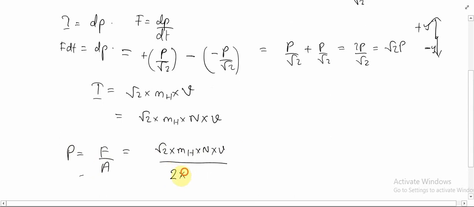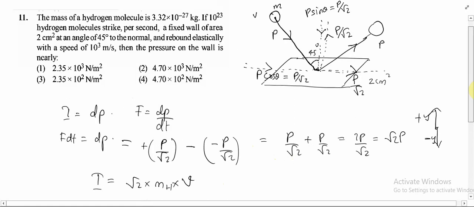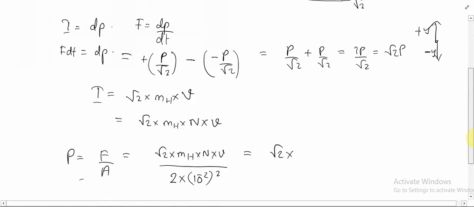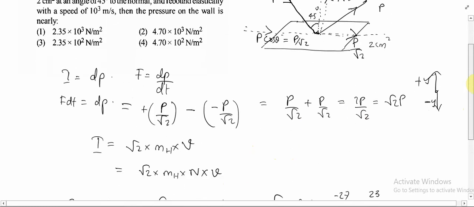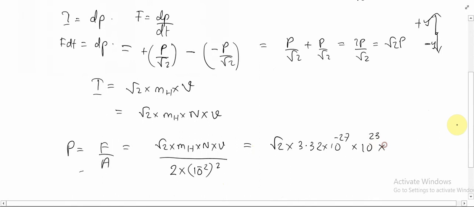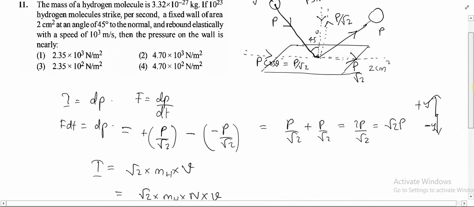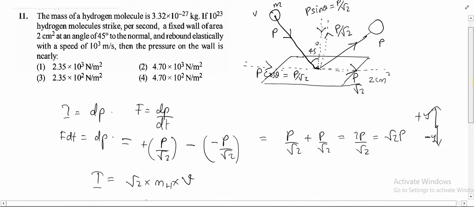We have to convert the centimeter to meters, so this will be 2 into 10 raised to minus 2 the whole square. Just substitute the values here. Root 2 into mass of hydrogen, given as 3.32 into 10 to the power minus 27, into number of molecules, given as 10 power 23, and the velocity is given as 10 power 3.